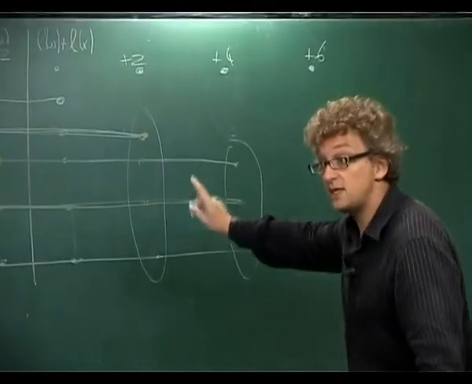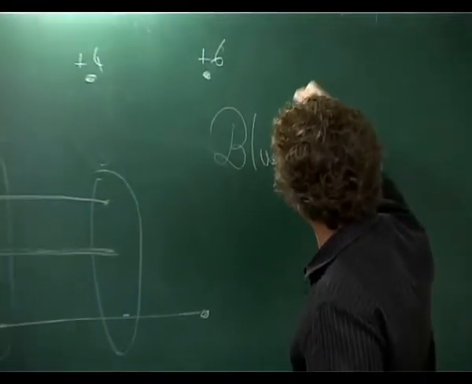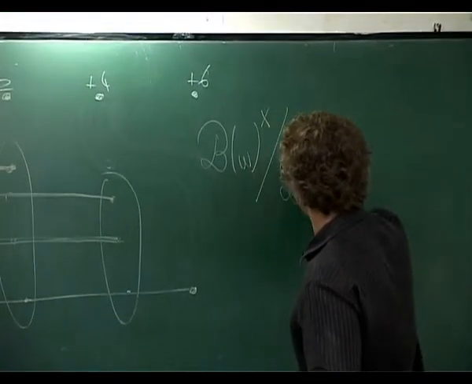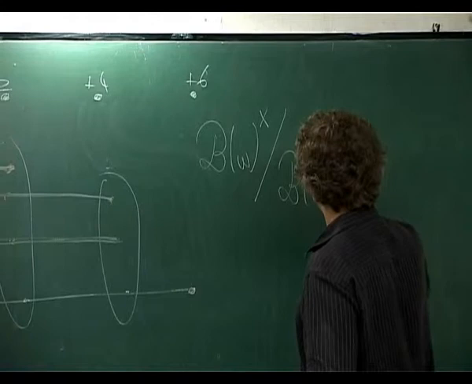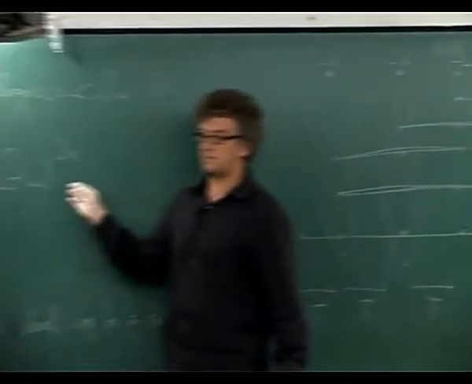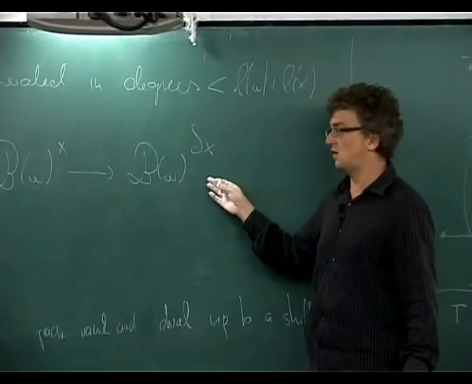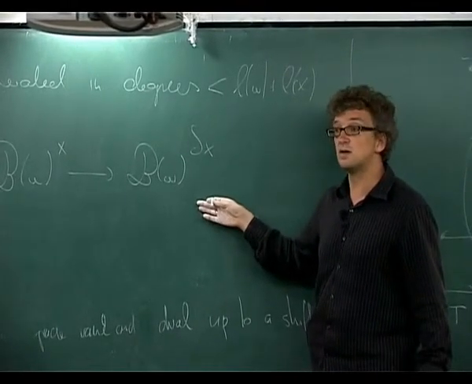So what I wrote down here is the following: it is BW upper X divided by BW by this kernel. So it is kind of this module, but over a polynomial ring in one variable.